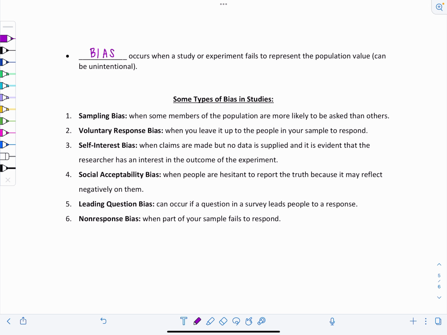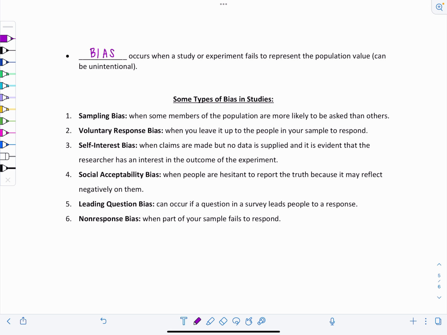Usually people with strong and more dramatic opinions are the ones who choose to respond, so that can skew or give you biased data. Another type of bias is self-interest bias, when claims are made but no data is supplied, and it's evident that the researcher has an interest in the outcome of the experiment. Now, this would be intentional bias, okay?